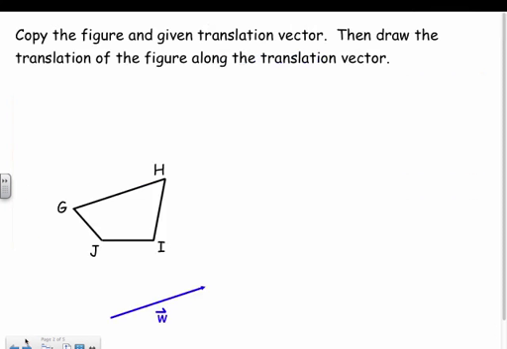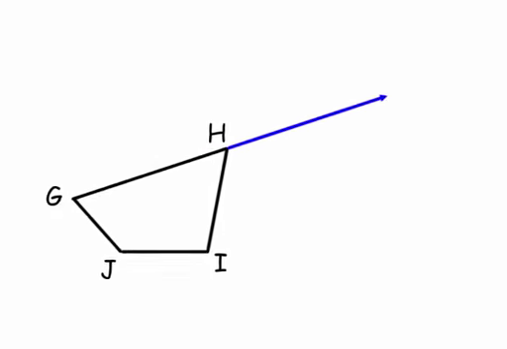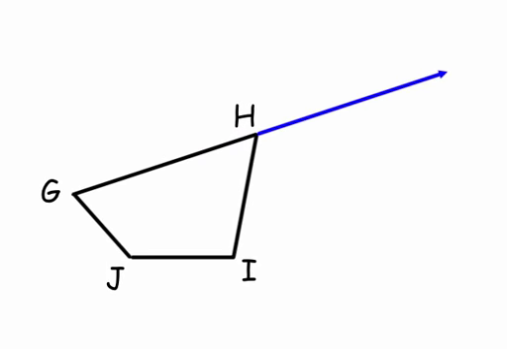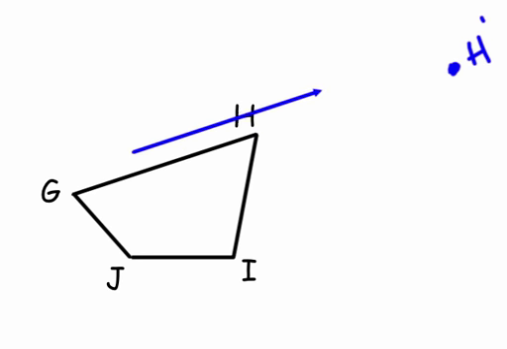So I might have you trace an image and then use a translation vector to draw the new point. I'm going to take this vector and put it at the edge of each point. So for example, let's do H. I'm going to move H by this translation vector W. So H becomes H prime right over here. It's the same direction as the vector and the same distance as the vector.